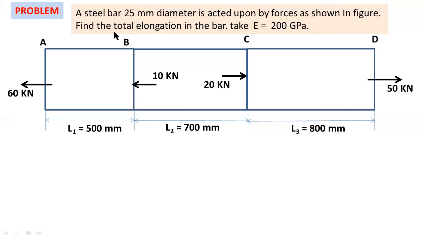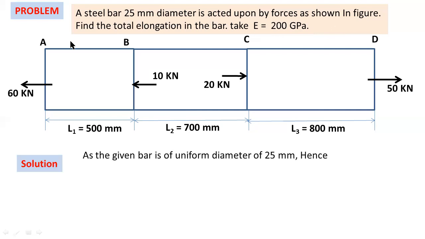So the given data is here. First of all, the size of the bar is given, that is the diameter 25 mm. This is a uniform cross section, that means there is no change in diameter. The diameter of the bar is the same at all points.